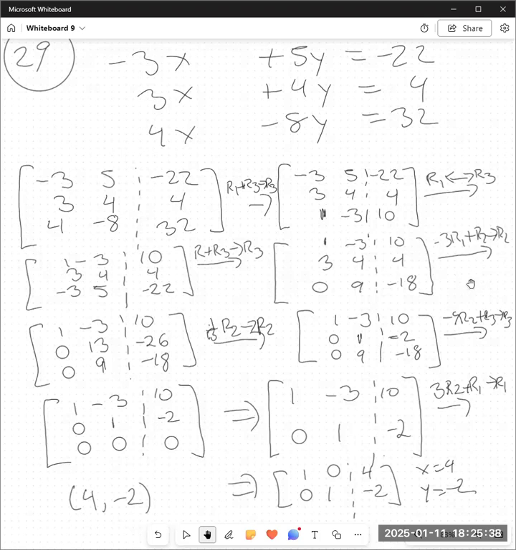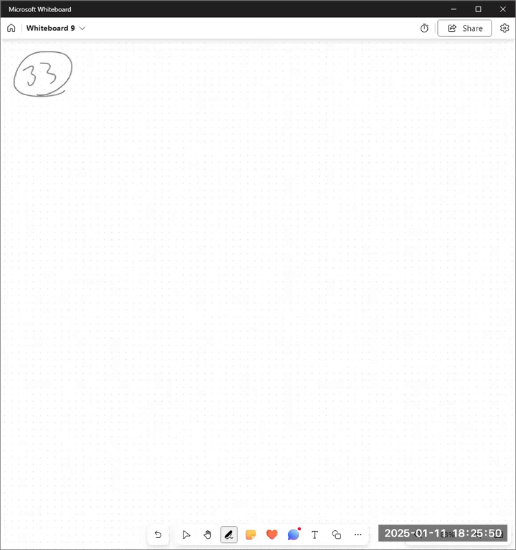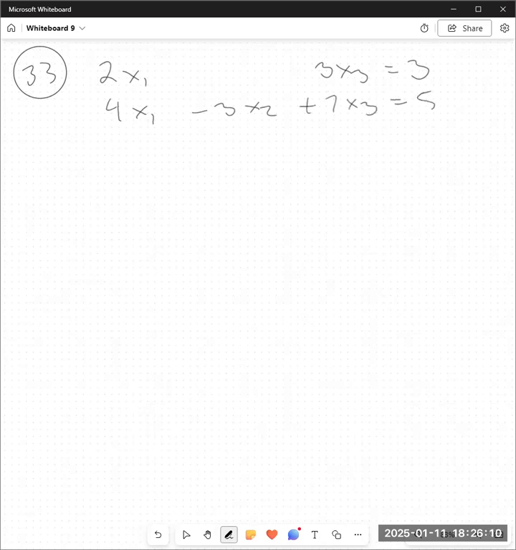Let's go ahead and look now at number 33. By the way, the steps that I'm taking are not the only steps that you can take, but I am doing correct steps that follow the elementary row operations that you have learned about that are legal for you to take, whether you're dealing with systems of equations or matrices.